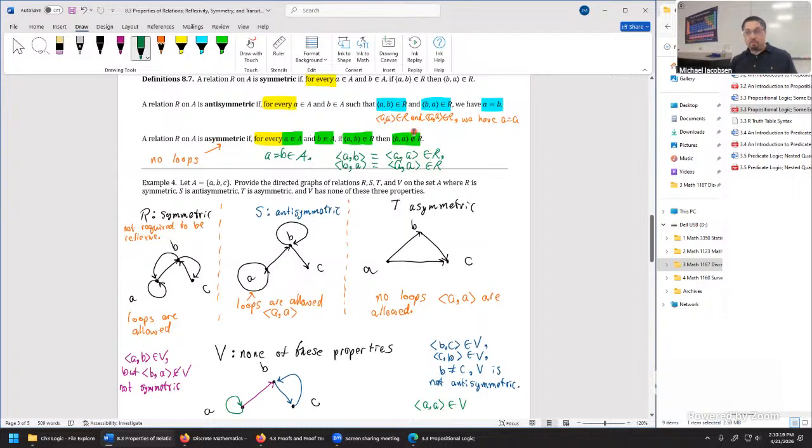BA is now in R, but asymmetry says BA cannot be in R whatsoever. So the moment you create a loop, if AA is in R, a loop, this means R is not asymmetric.